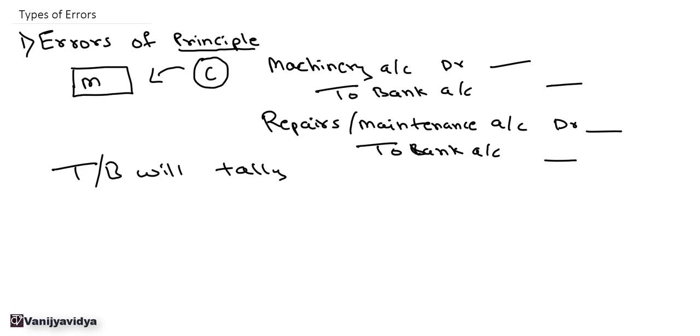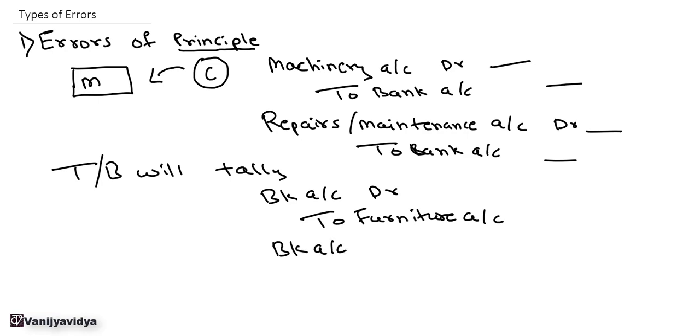Similarly, say there was some receipt on the sale of furniture. Now that receipt should ideally go to your furniture account. So the entry should have been bank account debit to furniture account. But instead of this, the entry that was passed was bank account debit to sales account.